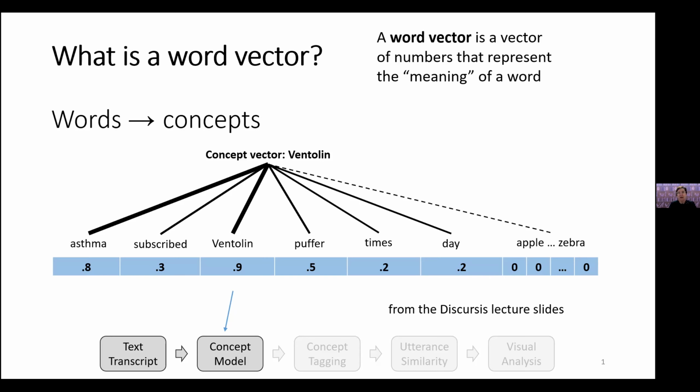Once you've got a vector, you can do all sorts of things with it. This is just one way to create a vector of numbers. You can compress it, so instead of a 10,000 element vector, you could compress it down to 200 elements. You could select the most important words, or create a compressed subspace. So meaning can be cashed out in a couple of different ways. One is features, where each feature means something.